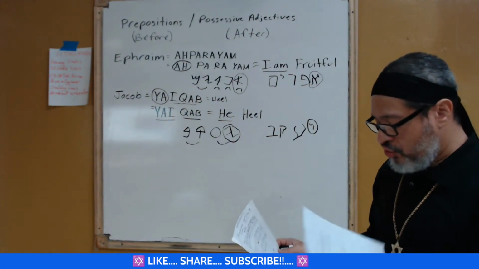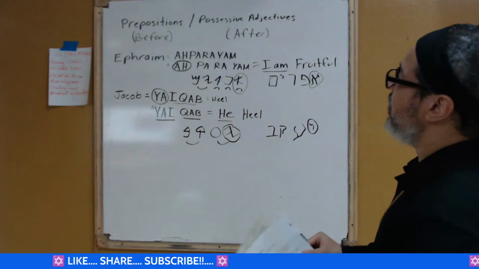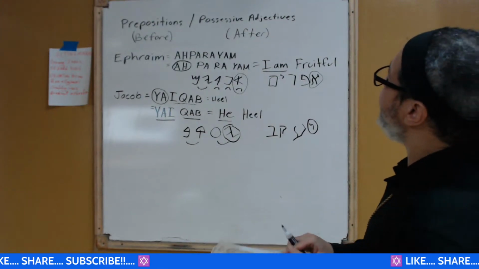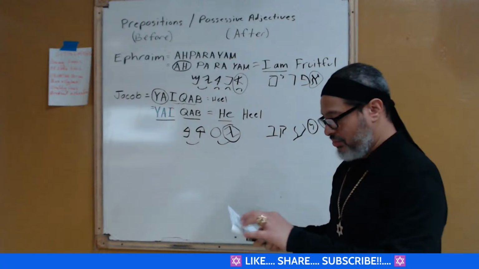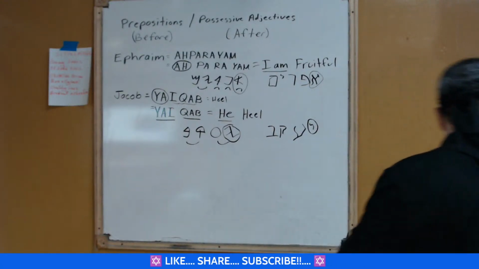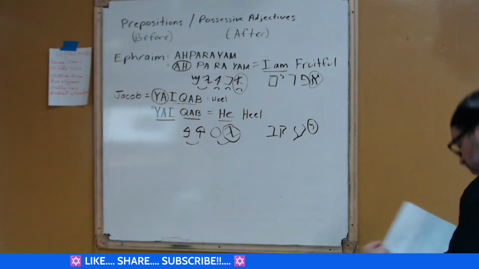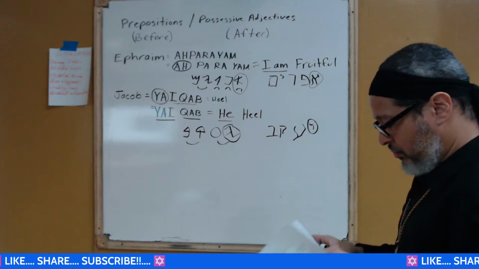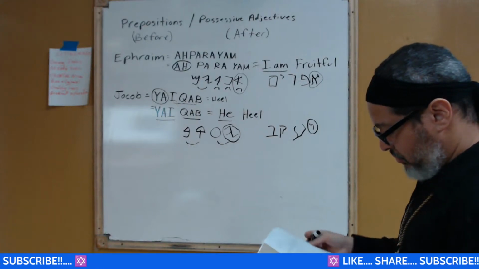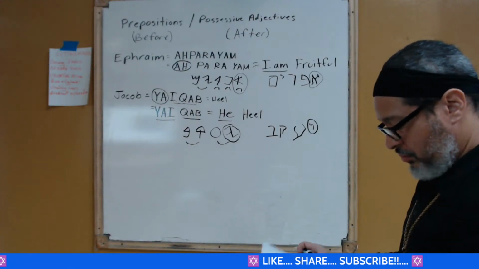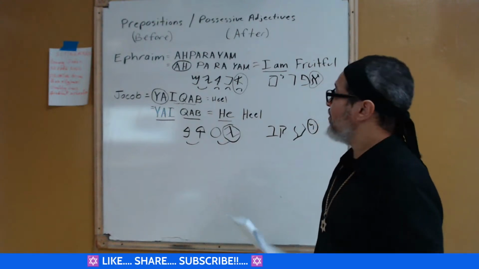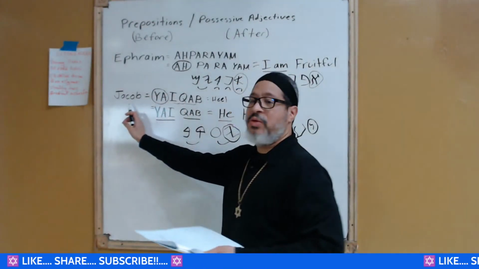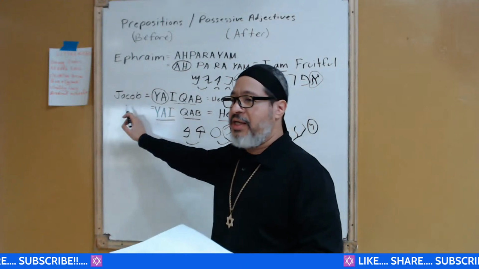And now let me show you a possessive adjective that appears after. Jacob was renamed to Israel.